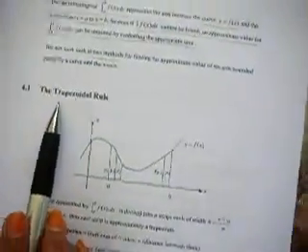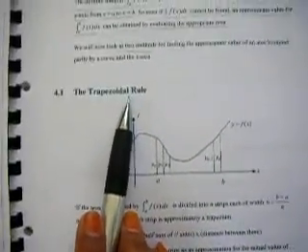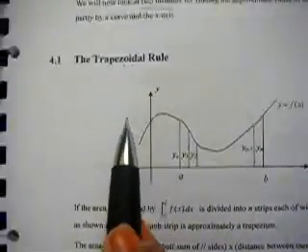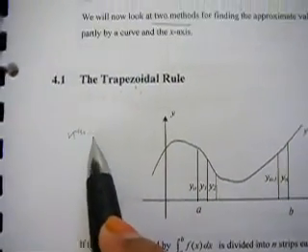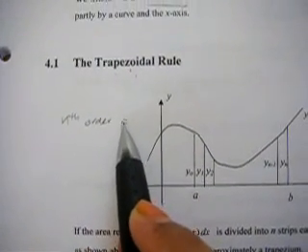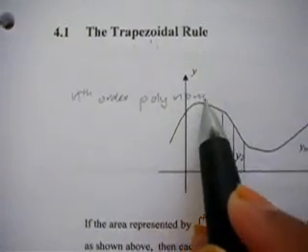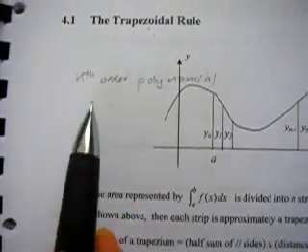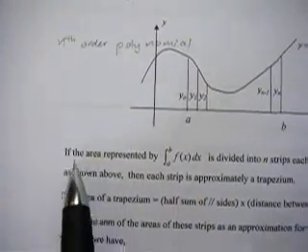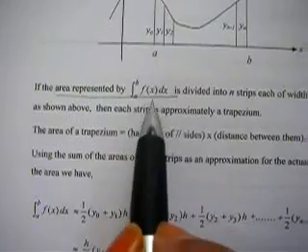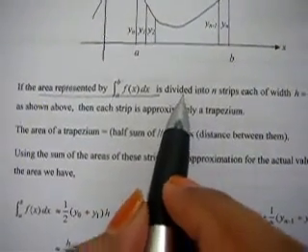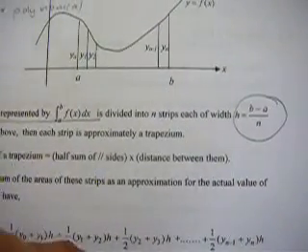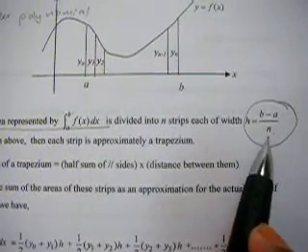So let me explain what the trapezoidal rule is. It is based on a Newton-Cotes formula, where one approximates the integrand by an nth order polynomial. Then the integral of the function is approximated by the integral of the nth order polynomial. If the area represented by the integral of f(x) dx from a to b is divided into n strips, each has width h equals (b minus a) over n.